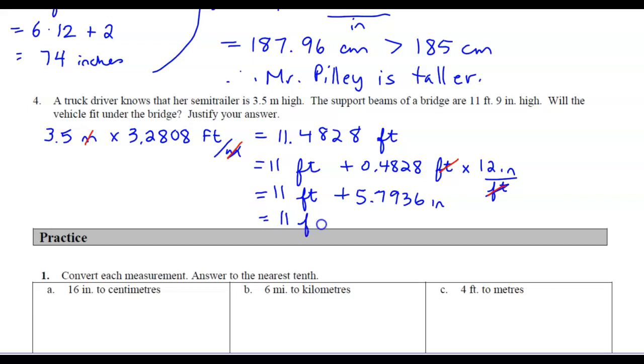It didn't say, but let's do that. That would be 6 inches. Okay. And again, you don't have to show the plus in between there once you've got to the end. So is that less than the support beams? Yes, so that's less than 11 feet 9 inches. So the truck will fit, but only with 3 inches to spare. So hopefully there's nothing sticking up anywhere.